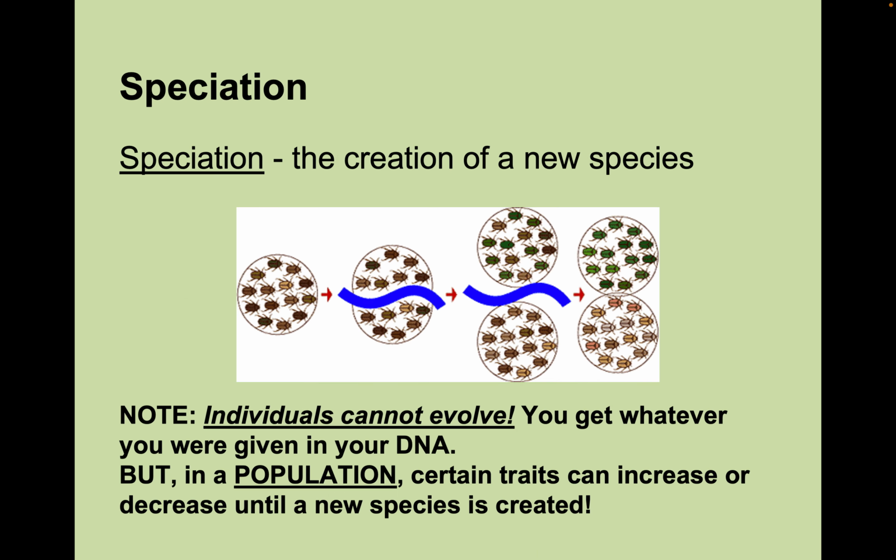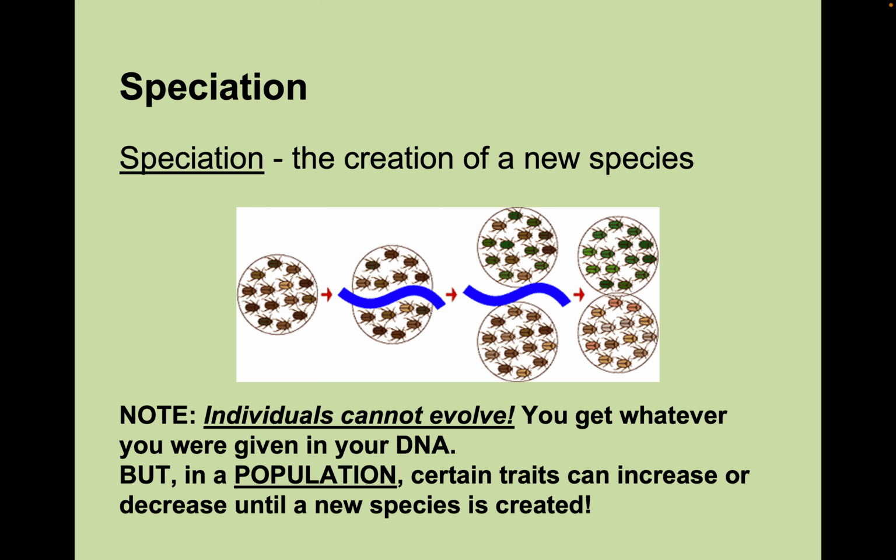So we had extinction where they all die. What if we have a new species, the opposite of that? That is speciation, where we create a new thing. Here's something important to remember. You cannot change. Whatever genetics you get from your parents is what you are born with. You can't change that.